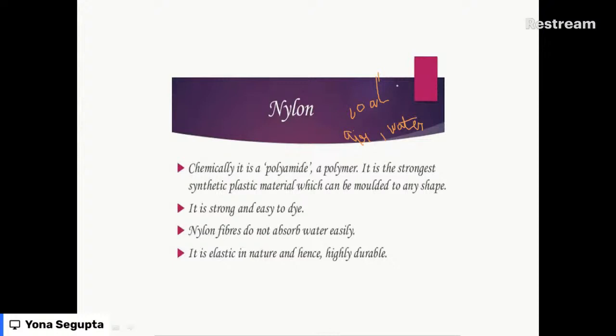So these are the three main materials needed to make this. It was the first fully synthetic fiber. So what are the properties of it?